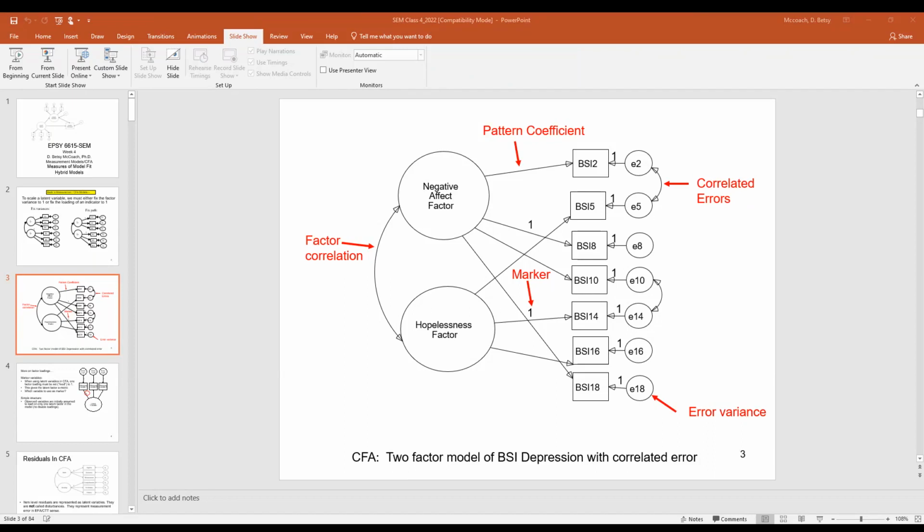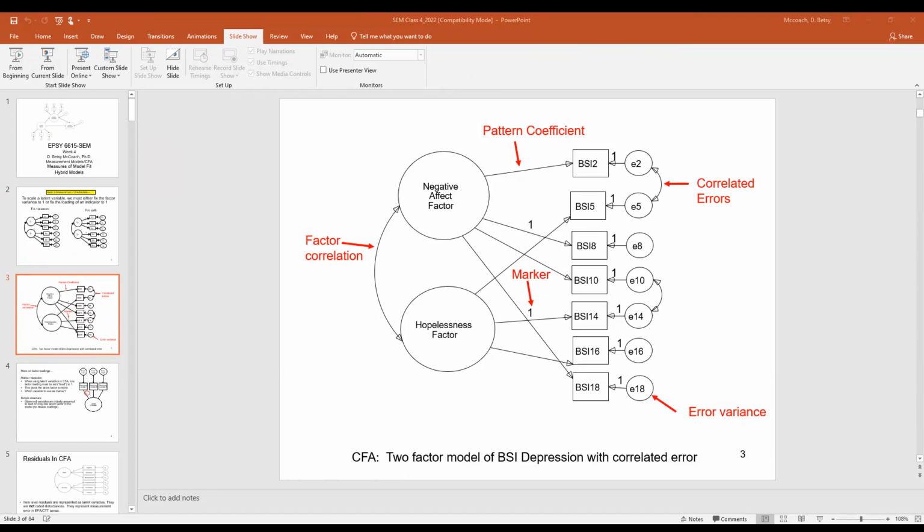Just one step back. When you run an exploratory factor analysis, how many people have done exploratory factor analysis? Okay. When you run an EFA, you actually do have uniquenesses, right? In EFA, those are the measurement errors.